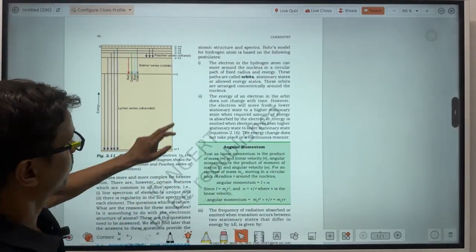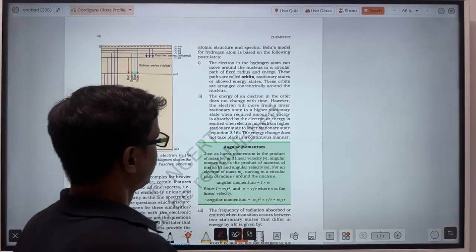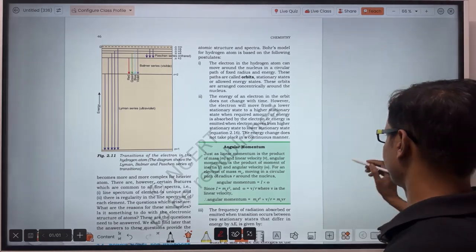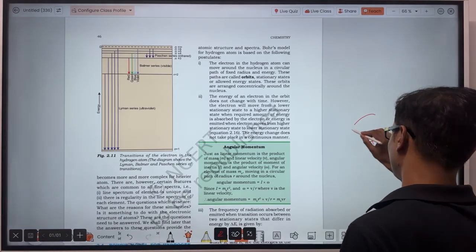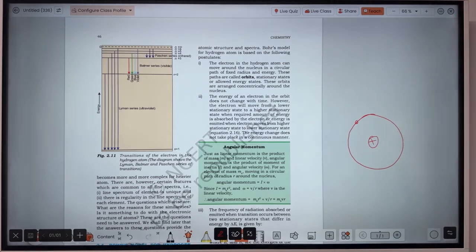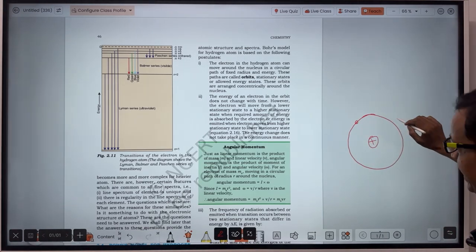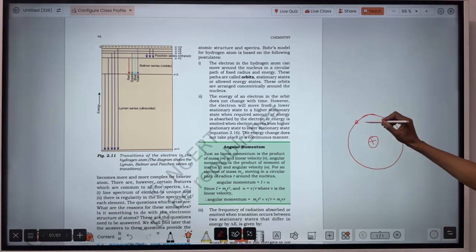Bohr's atomic model states that the electron in the hydrogen atom revolves around the nucleus in a fixed circular path that is called an orbit, and there will be a number of stationary states or allowed energy states.